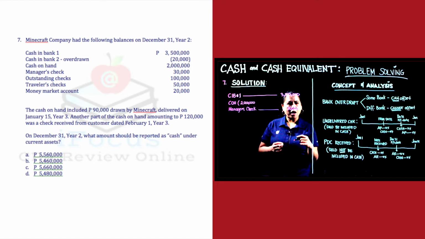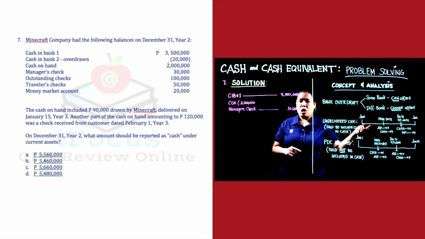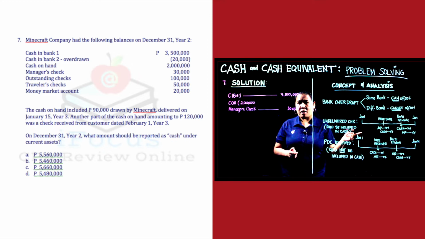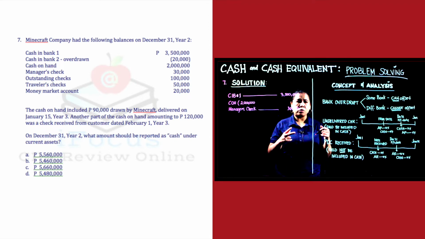Alright, ano ba itong outstanding checks? Ito yung mga inisyu ni company, pambayad niya sa mga pinagkakautangan niya, pero yung mga pinag-isyuhan niya ng cheque, hindi pa pumupunta ng bangko para ma-encash. So, yung cash na yun, nandun pa rin sa bangko mo. Okay? This is what we call outstanding checks. So, nabawas na natin yan sa ating record.